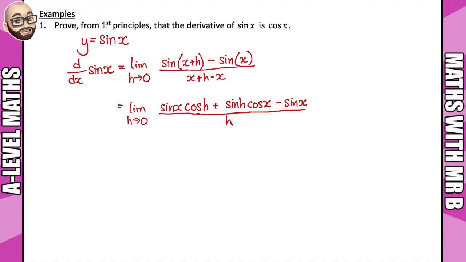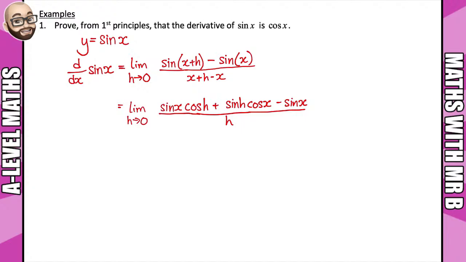Now depending on when you're watching this video, we've just got to be careful with this notation here. If you're watching this in year 13 and you've learned about hyperbolic functions, this does not say cosh and this does not say sinh, that says cos h and sine h. So just be careful for this question. If you haven't done that yet, that'll mean absolutely nothing to you at the moment.